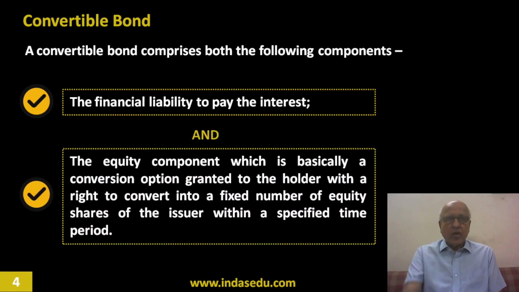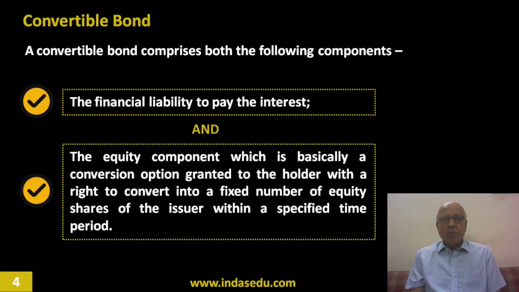And the second thing is the equity component, which is basically a conversion option granted to the holder with a right to convert into a fixed number of equity shares of the issuer within a specified period of time.